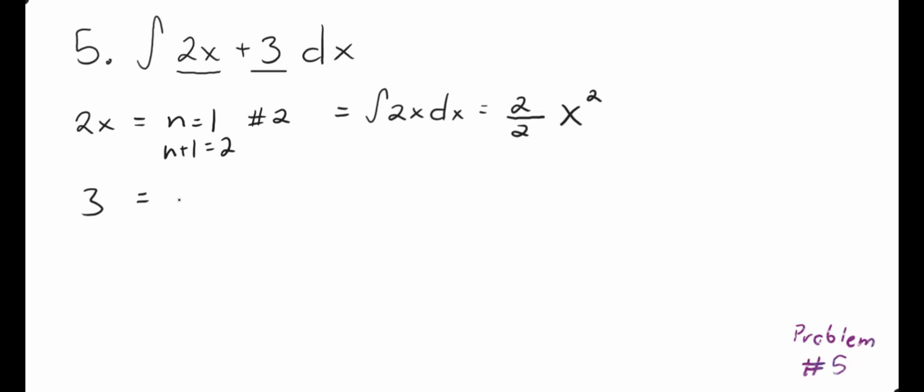That means that our n happens to be 0 and our number is a 3. So that means when we do the integral of 3 dx, we're going to get 3x. Now we're going to add them all together.